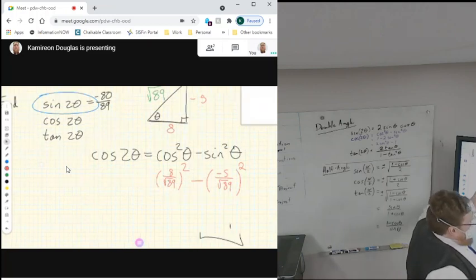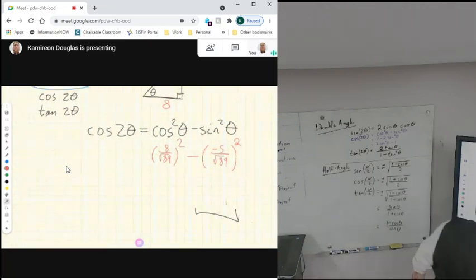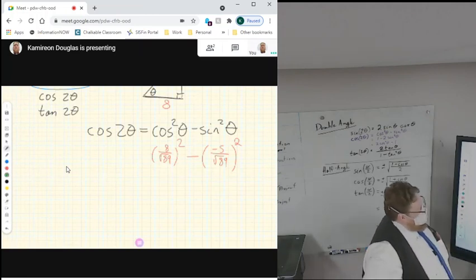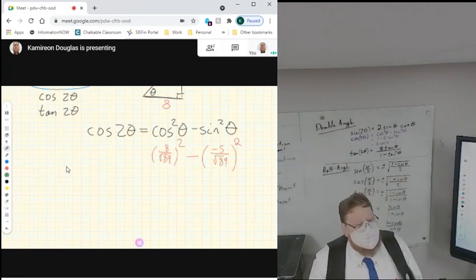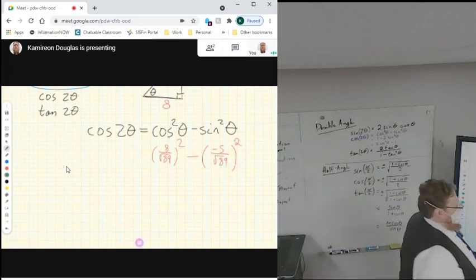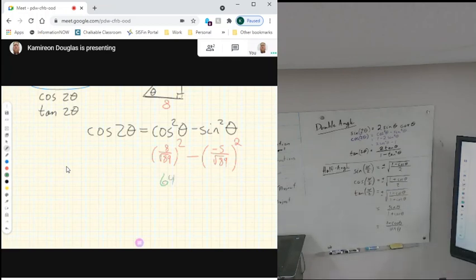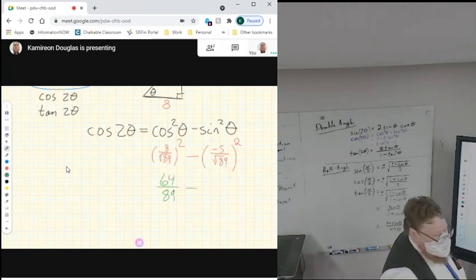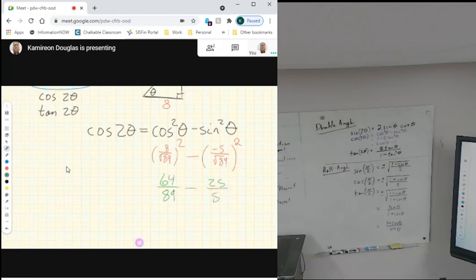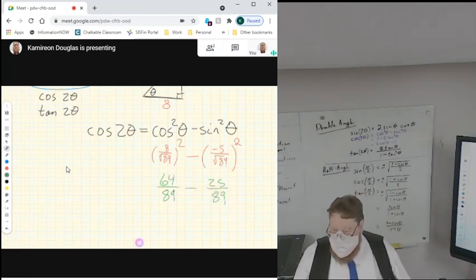Alright, algebra time. Let's see who remembers their squares. So, we end up with this problem.